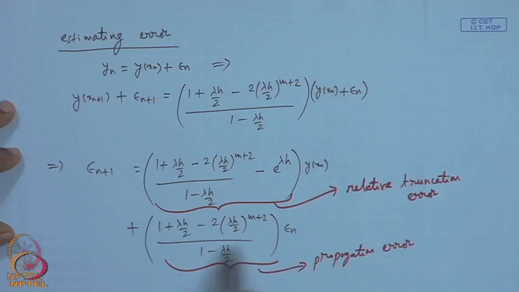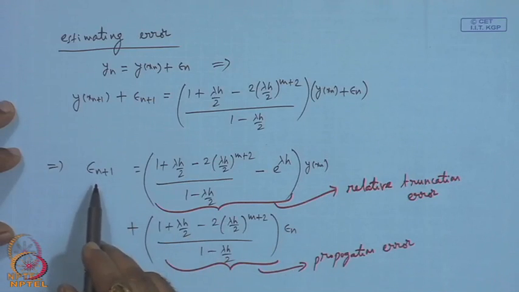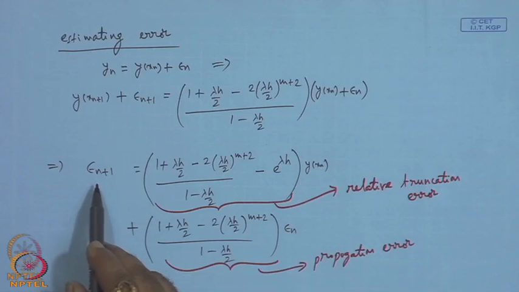Error at nth stage is magnified by this factor for the error at n plus 1 stage. Okay.